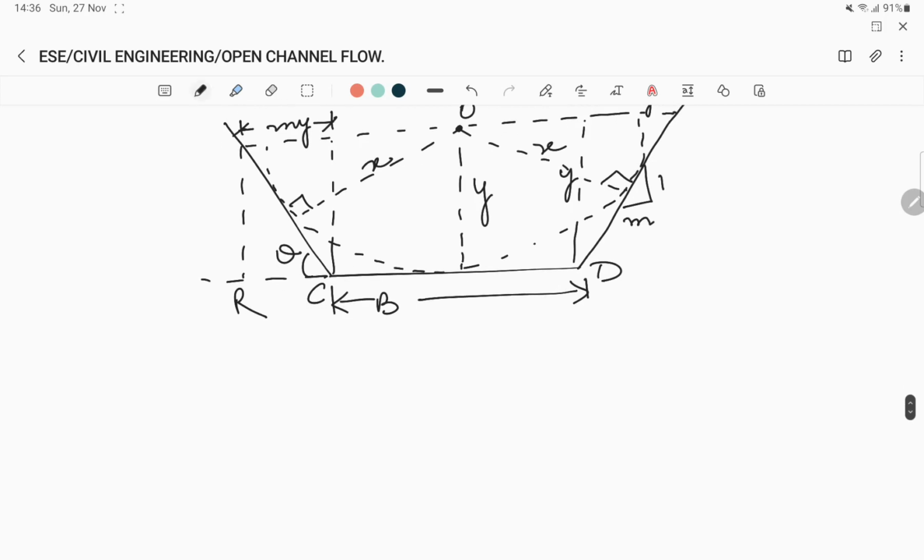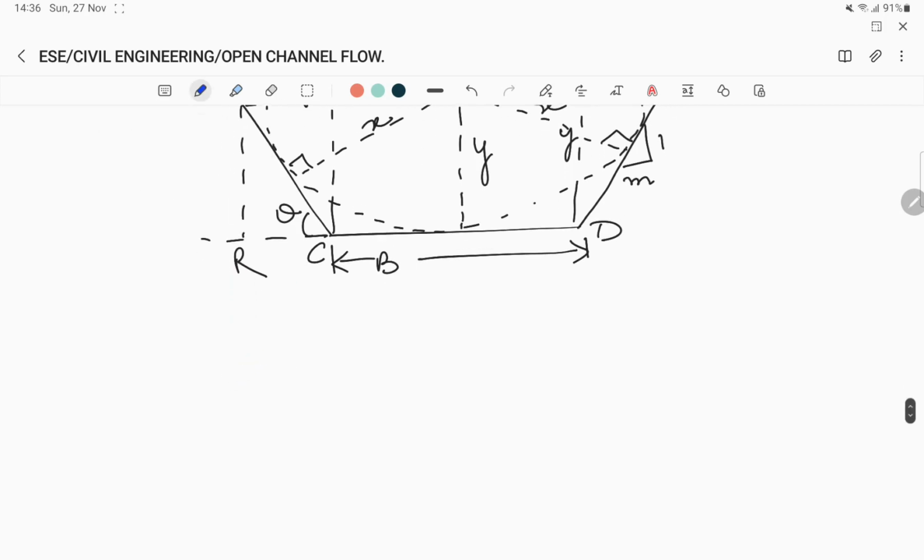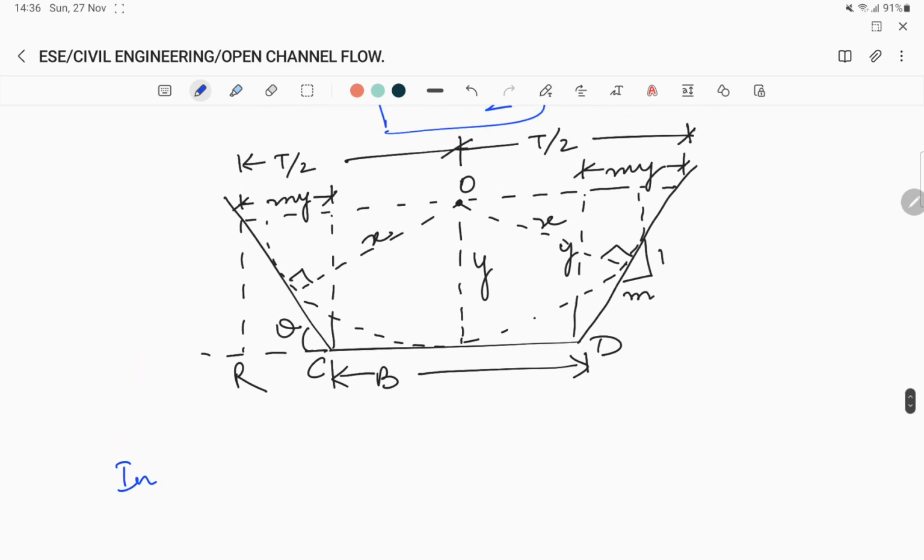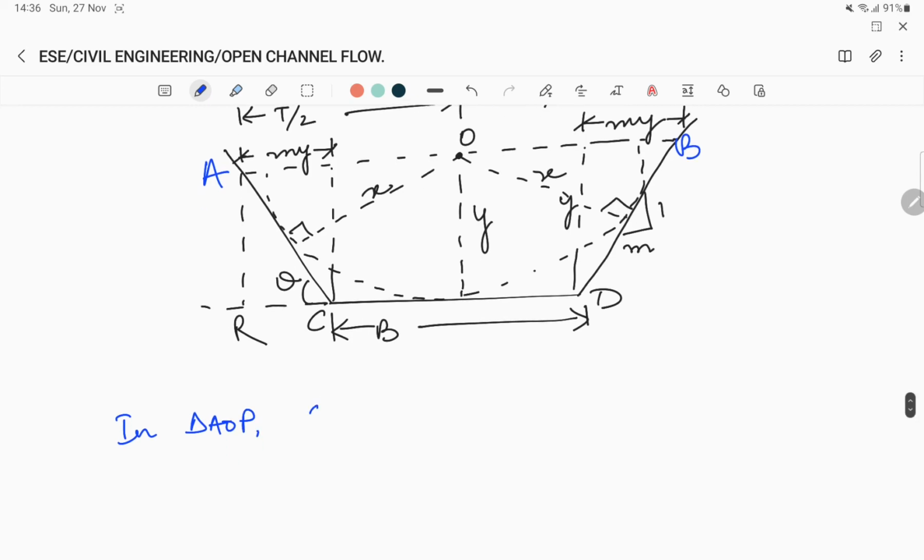If we use this diagram and look at triangle AOP, in triangle AOP this is theta, and sine theta will become perpendicular divided by hypotenuse. So hypotenuse here is T by 2.